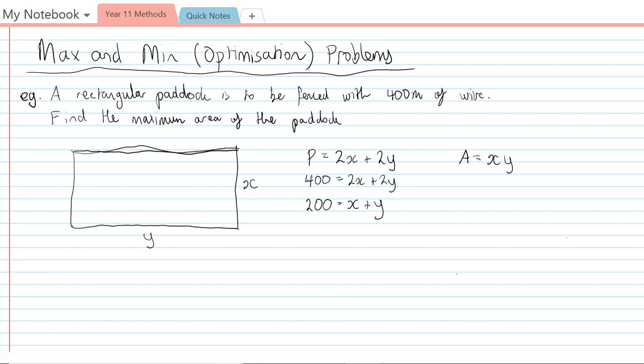So what I'm going to do is rearrange the perimeter equation. So rather than 200 equals x plus y, I'm just going to subtract x from both sides, which would cancel these ones out and leave me with y equals 200 minus x. And so because I know that information now, I can substitute that into the area equation.